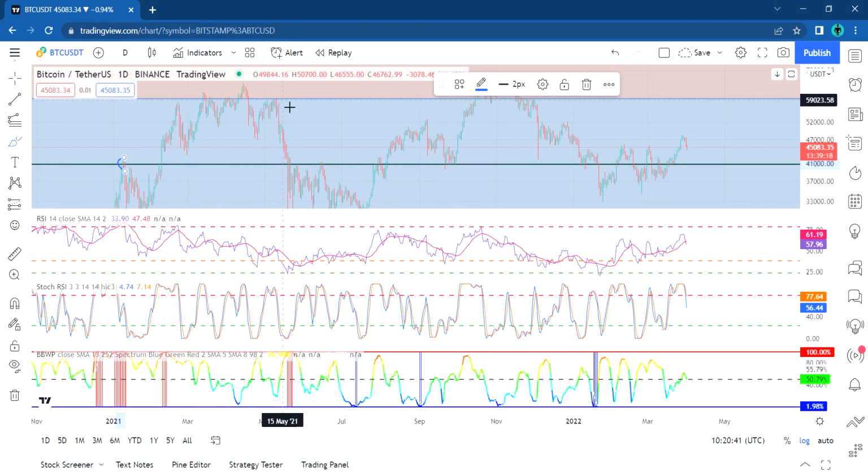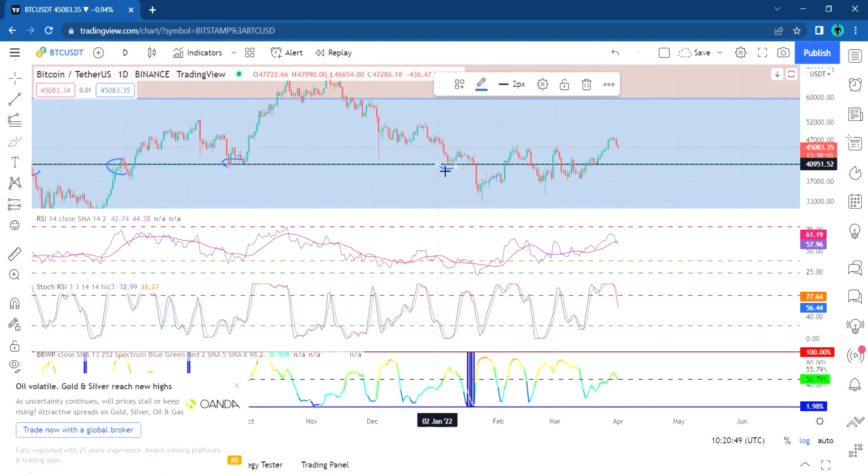Resistance in this general level, better resistance there, support. It supported price here, and then it failed here. Then we broke above it for a short while, but then we quickly failed again. Overbought again, oversold again. Good time to buy.